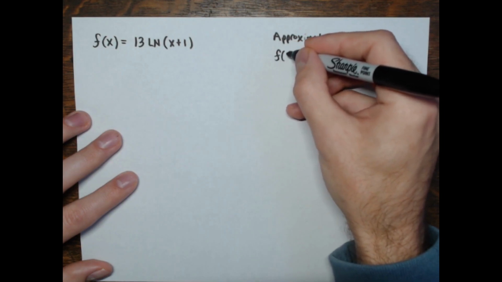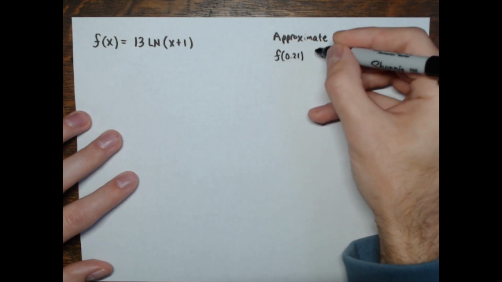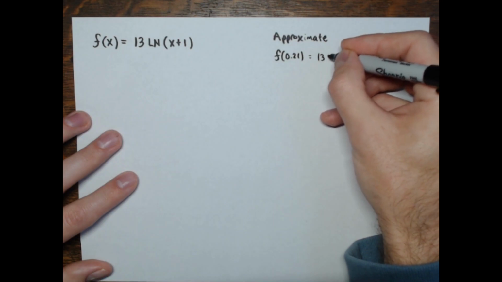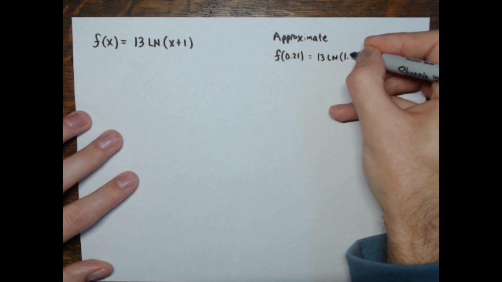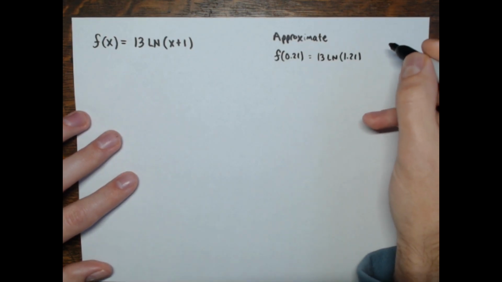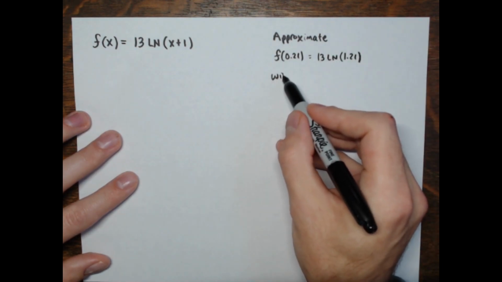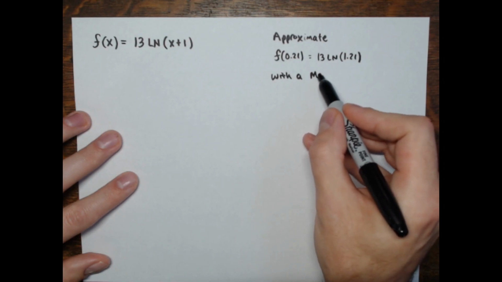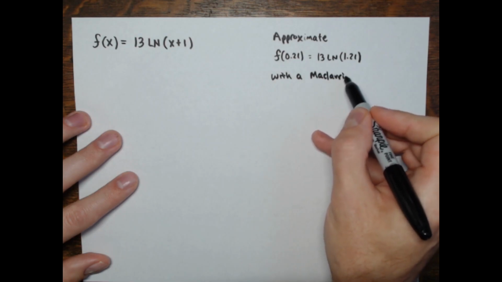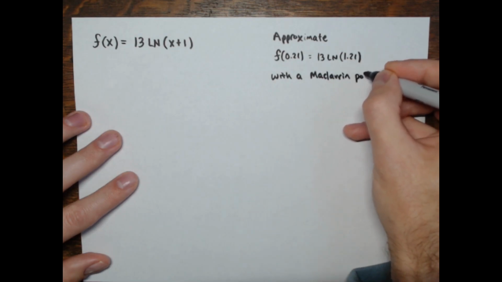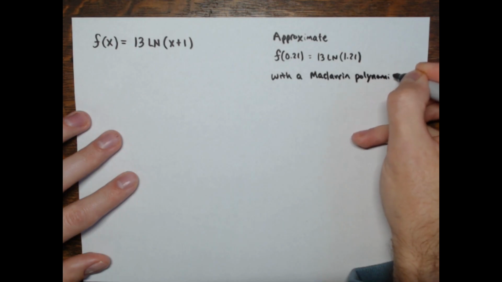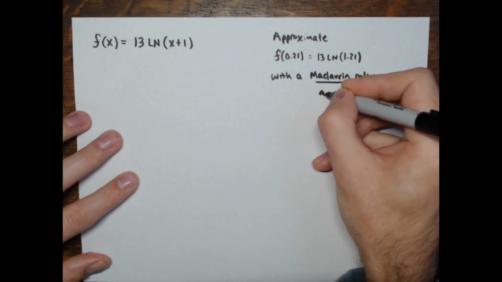Approximate f of 0.21, and that would be 13 times the natural log of 1.21, with a Maclaurin polynomial. Right, so again, Maclaurin means the center is 0.